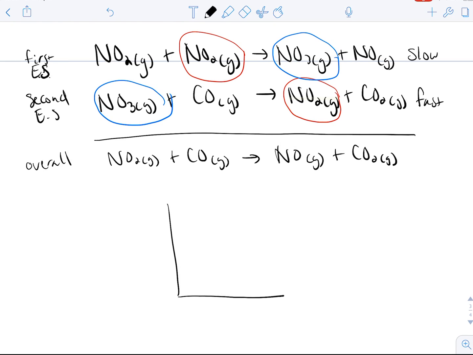So for instance, I could also determine which one is my fast or slow step based on the energy profile of the reaction. So we have reaction progress versus potential energy. Okay, so we start out with our reactants. In this case, it's two NO2s.